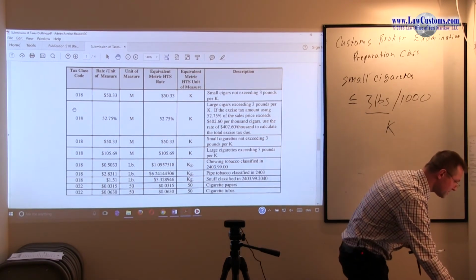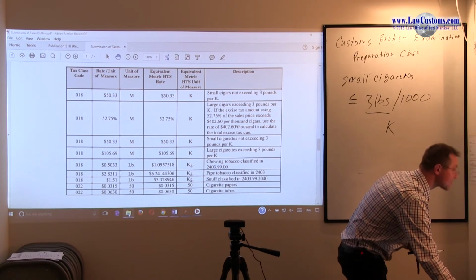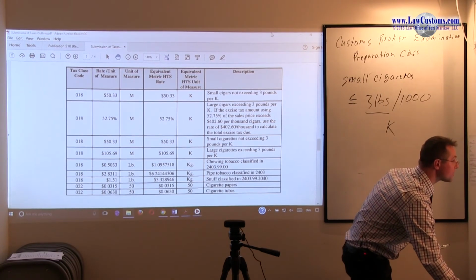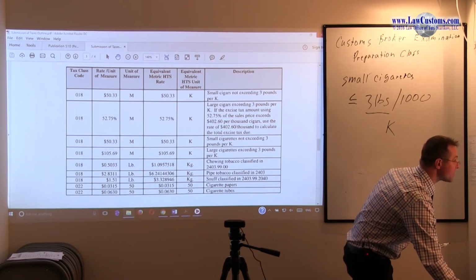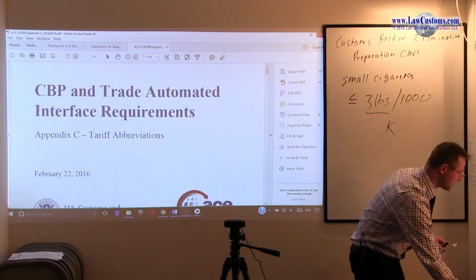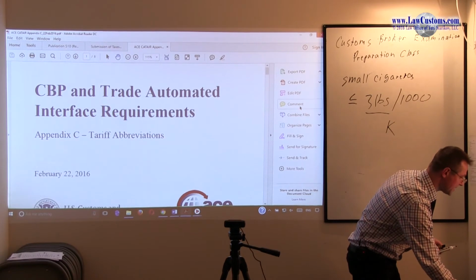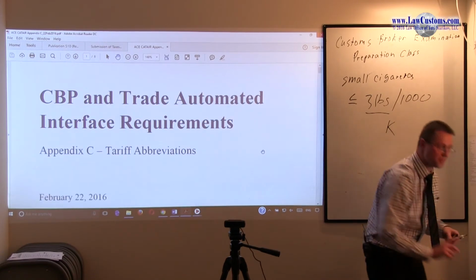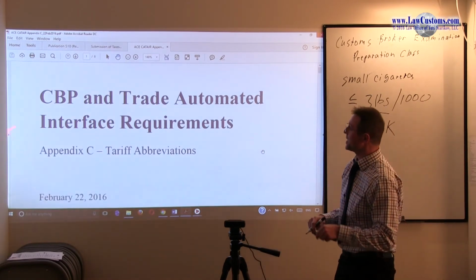In this case, what I would suggest is to pull up the publication called by customs. Again, this is not something required, but it is highly suggested to bring.